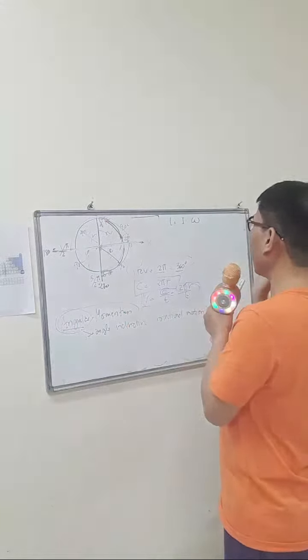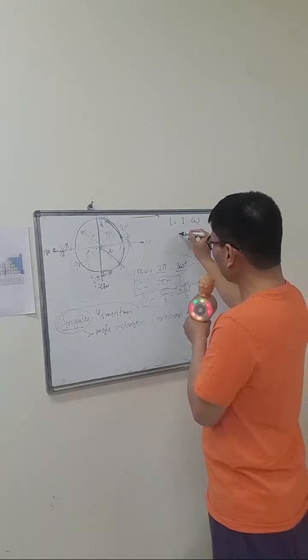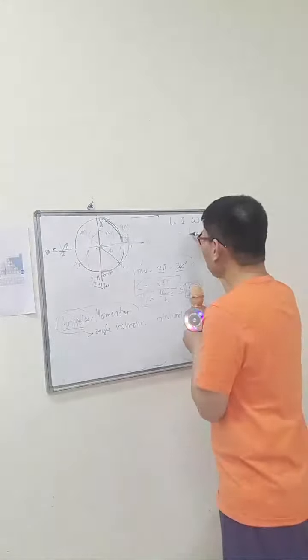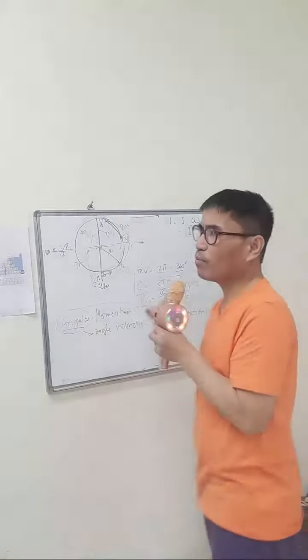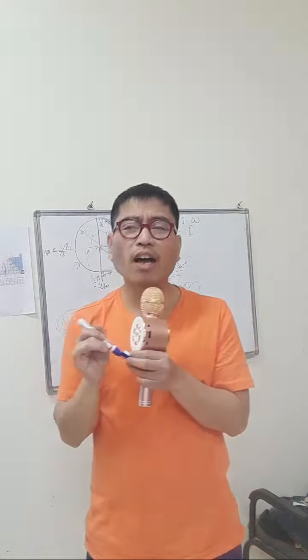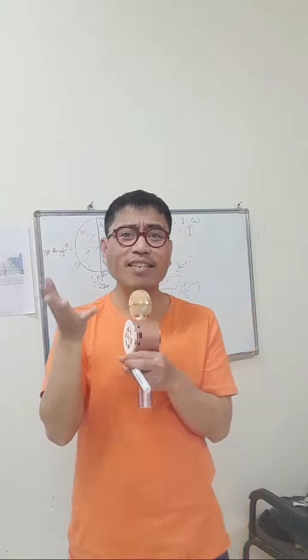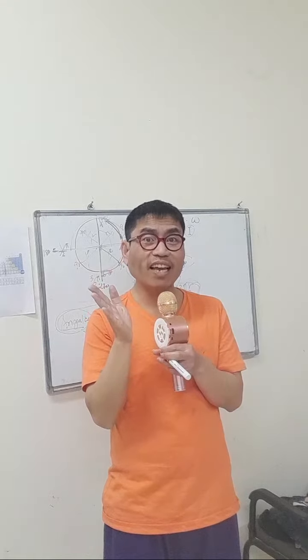Now, how can we relate that to angular momentum? It's going to be the moment of inertia. There are a lot of formulas for this, which is confusing, but you only need to select the best moment of inertia for a certain geometrical shape.